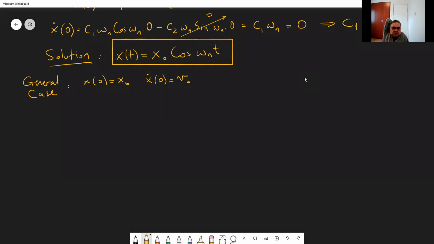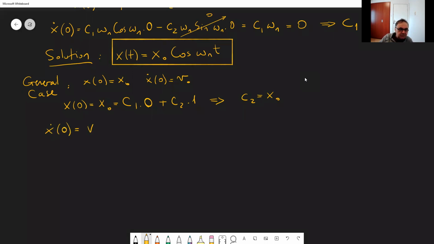Let's try to find out the C1 and C2 values here. X of 0, which is x0, equals C1 times 0 plus C2 times 1 again. It's equal to x0, from which we get the same solution. C2 is equal to x0.